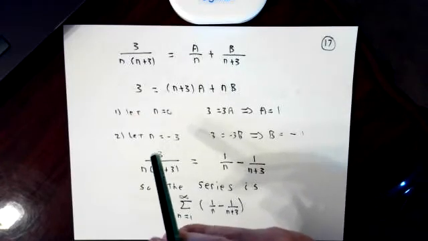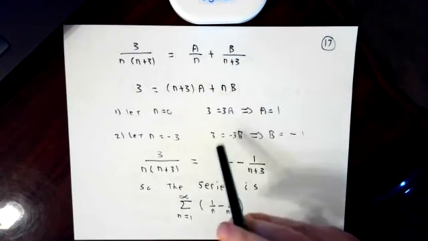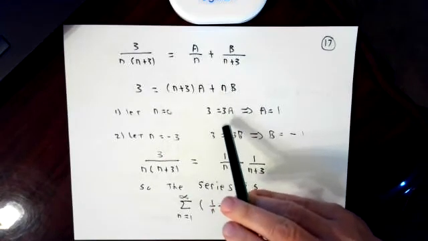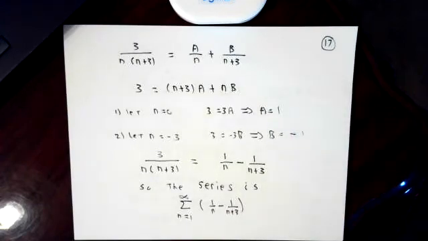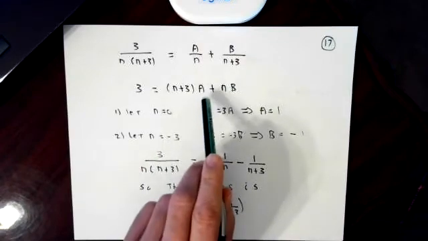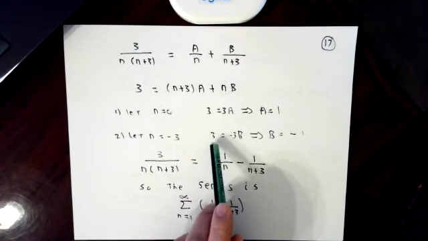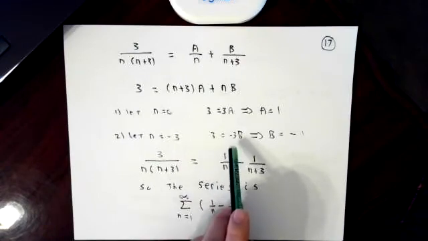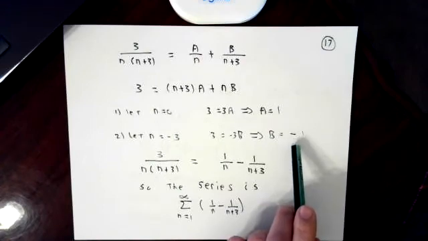If n is 0, the term with the b in it goes away, and I get 3 equals 3 times a, which tells me a is 1. If you let n equal -3, the term with the a in it goes away, and this says that 3 equals -3 times b, which tells me that b is -1.